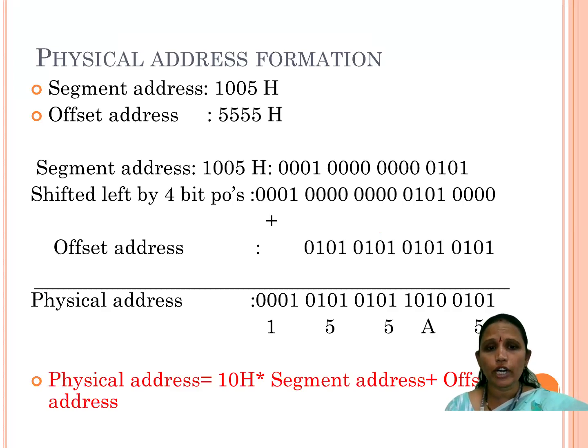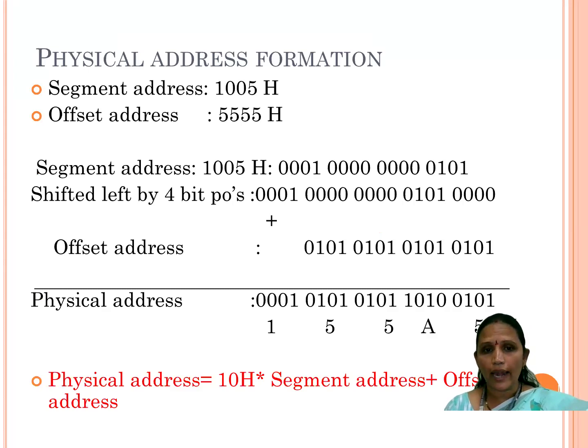It is shifted by 4-bit positions, which means performing the 10H multiplication. So 0001 shifts to the left, and on the right we put 0000. So 1005 is shifted left, and the last position is replaced with 0000.